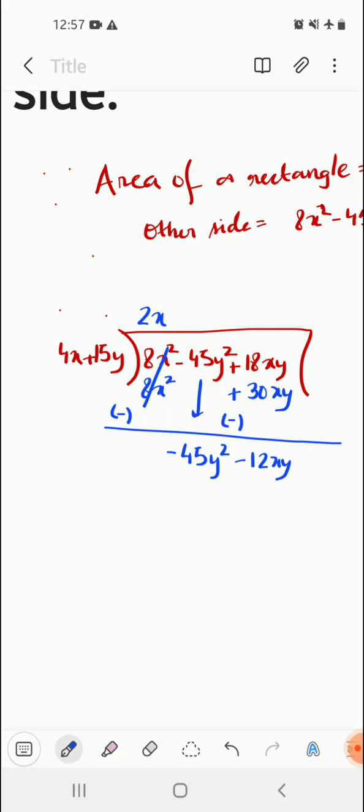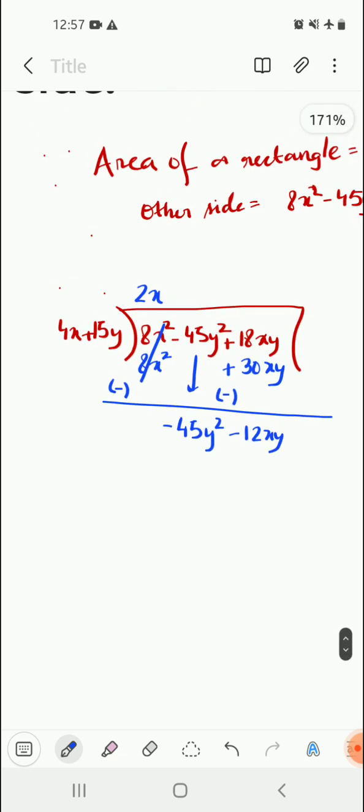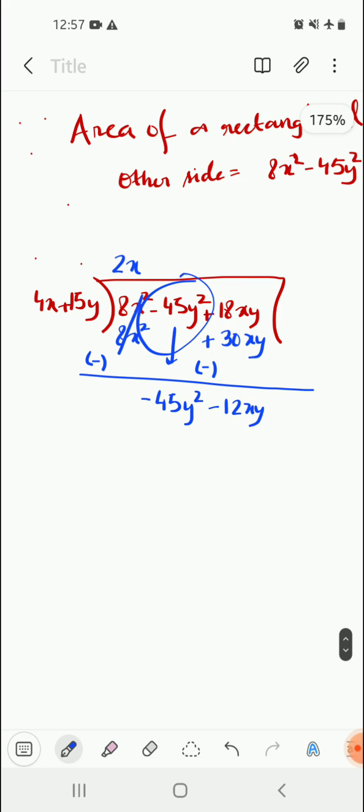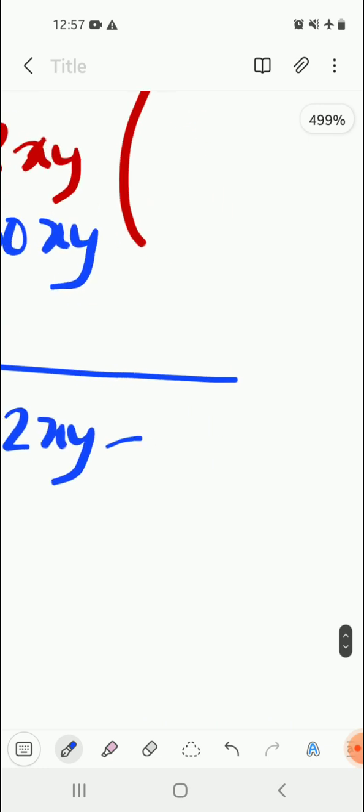Now see, we have got minus 45y square. So is it possible for us to do anything with it? What we can do is, since this was left out, we have to write this thing here, that is at the end, minus 45y square.